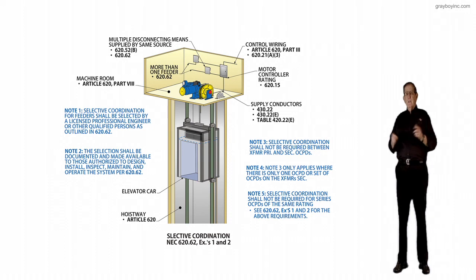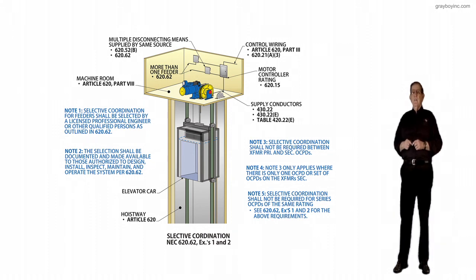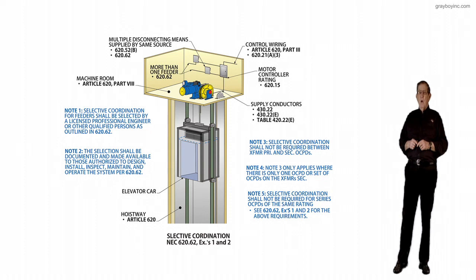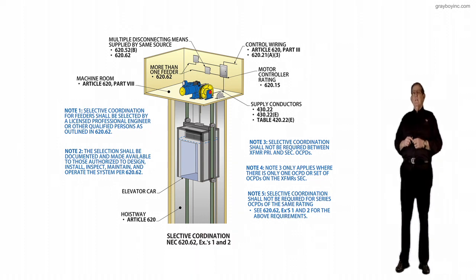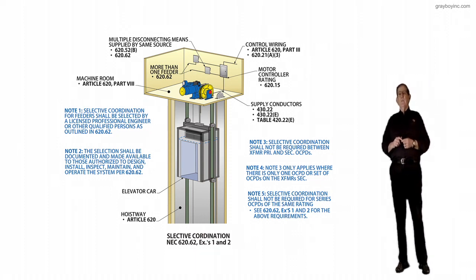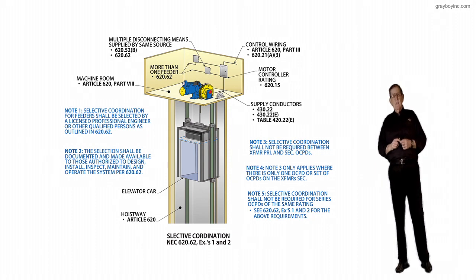So to get a real handle on all this, and really understand notes 1 through 4, it says see 620.62, exceptions 1 and 2 for the above requirements, so that we understand what 1 through 5 is really speaking of.